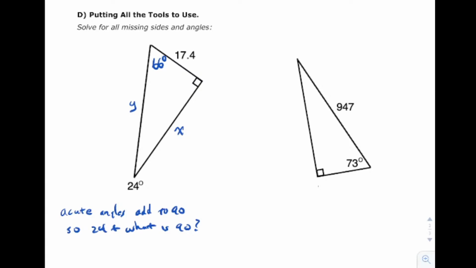Now I'm going to solve for, yeah, I guess I'm going to solve for x next. Might as well go in order here. Alphabetical order, not that that's important, but might as well. So let's see, I like to use the 24 degree angle because that's the one they gave me. So I'm going to start with the 24 and I'm going to say, okay, I've got this 17.4 and I've decided I'm going to solve for x.